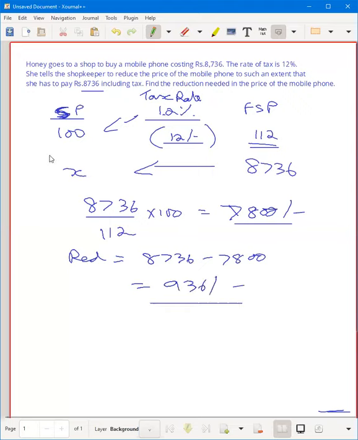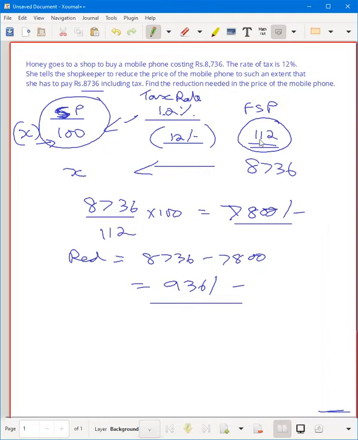We take the selling price as 100, we assume it. Instead of assuming this as X, as we did earlier with an algebraic equation, here we took it as 100. We assume the tax rate given to us, 12 rupees, so the final selling price including tax is 112.